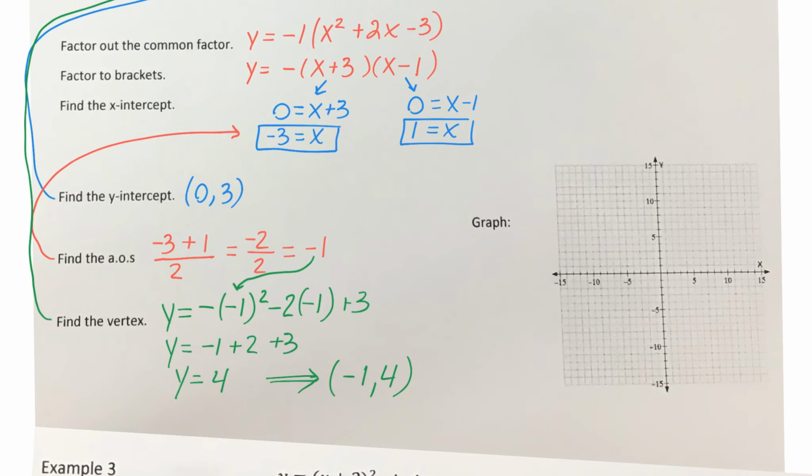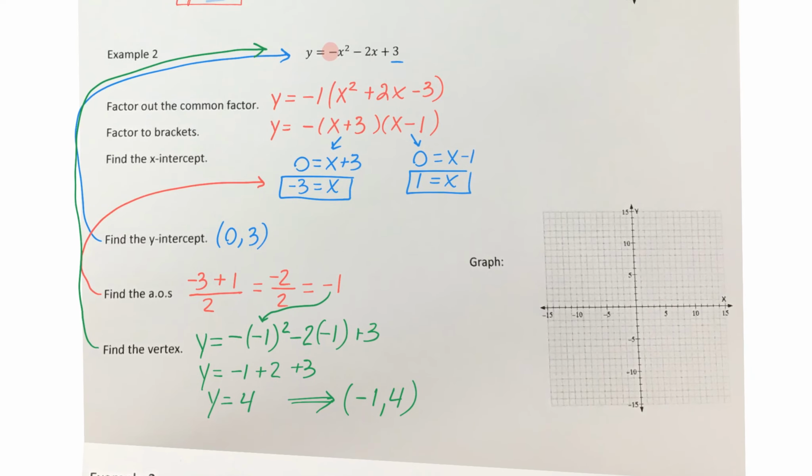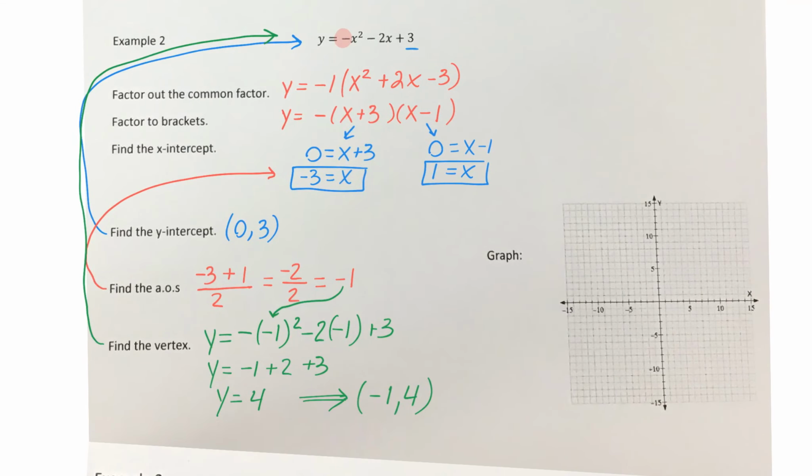Now, we're going to graph this. When we graph this, we are going to graph our x-intercepts, the y-intercept, and the vertex. Then, because we had a negative a, that means that our graph is going to be opening down. It's going to be a frown. So let's go graph this stuff.